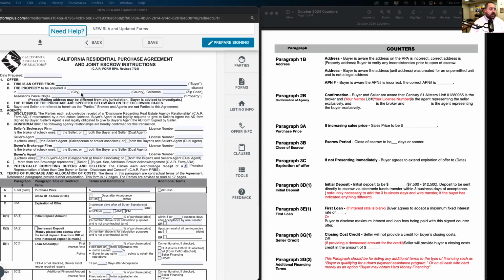So what we want to do is look and make sure the address is correct. If the address is not correct, then there's your first counter offer, and that counter would be over here on paragraph 1B. Buyer is aware the address on the RPA is incorrect. Correct address is the property address. You're going to write it out. Buyer to verify any inconsistencies prior to open of escrow.